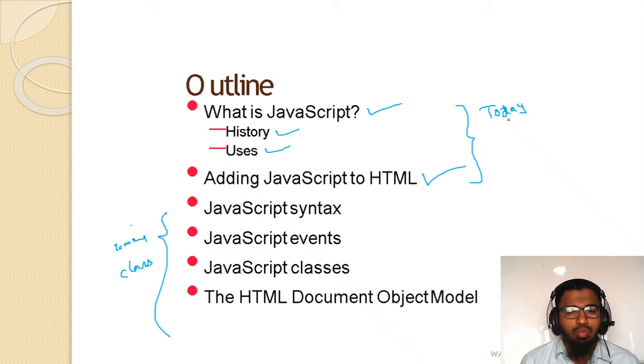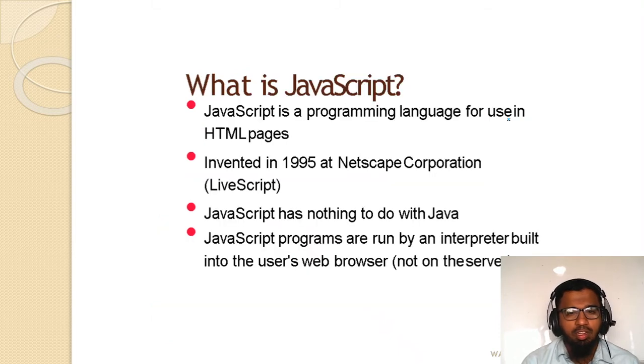Fine. So the first question is, what is JavaScript? JavaScript is a programming language for use in HTML pages. If you want to be a successful web developer, you must know HTML, you must know CSS, and JavaScript.